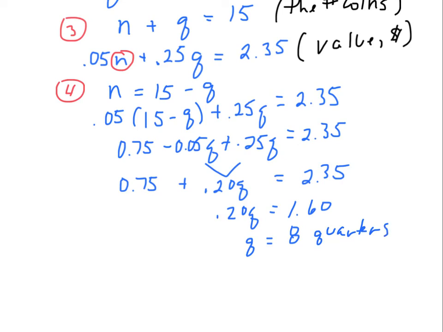And we need to find out the number of nickels. So I guess we're not quite done because we need to take our 8 quarters and plug it into one of the beginning equations. I'm going to go with the N plus Q. So N plus 8 equals 15 coins. We find out that the number of nickels is 15 minus 8, so 7 nickels.